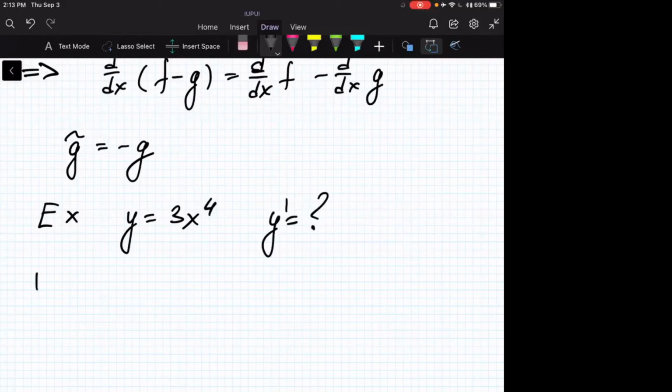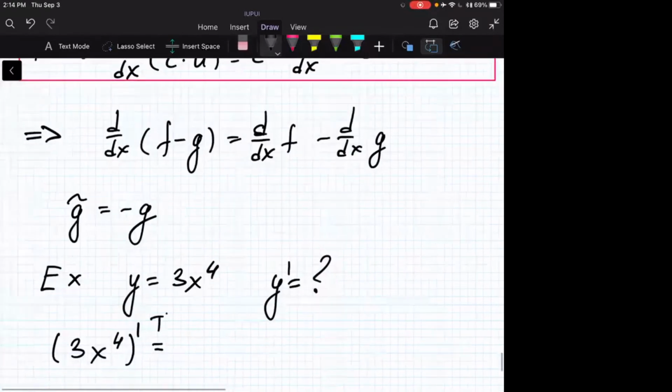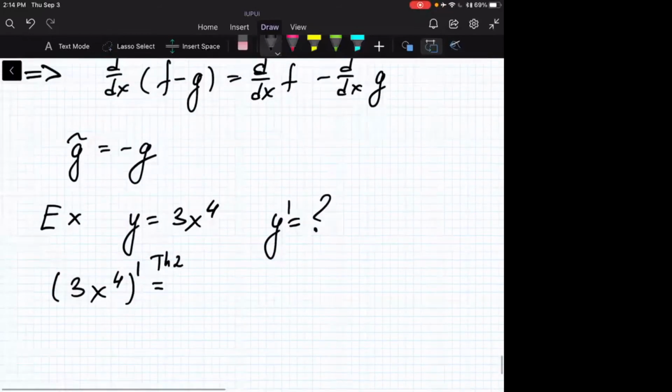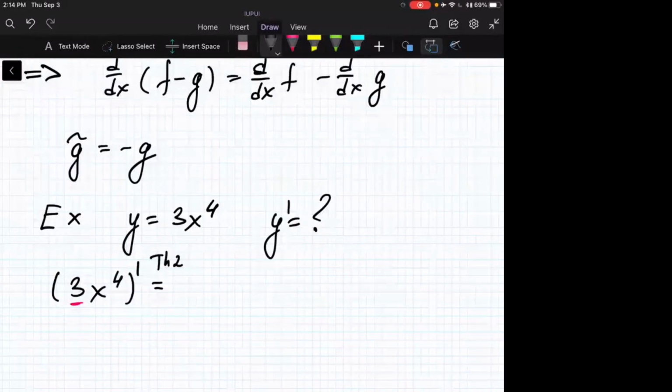So first, we are interested in the derivative of 3x to the power 4. By theorem 2, I have constant 3, which can be put outside. So it's 3 times x to the power 4 prime.